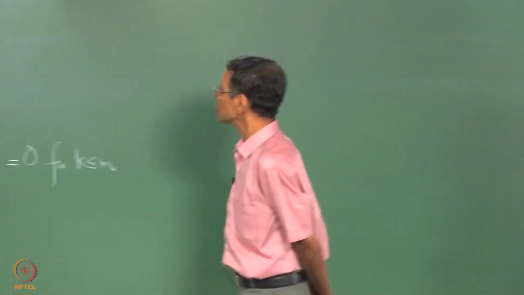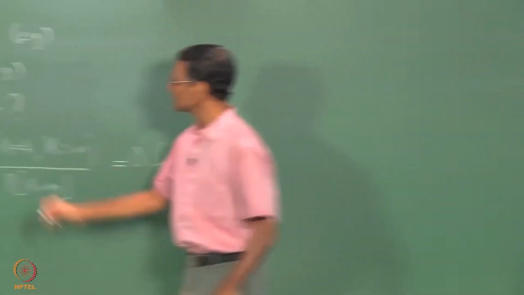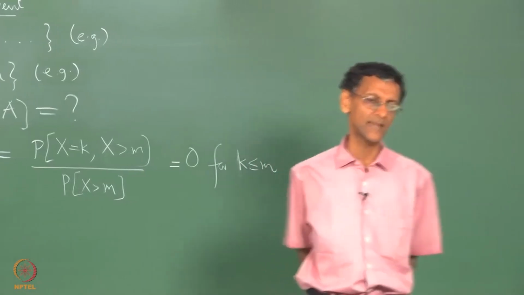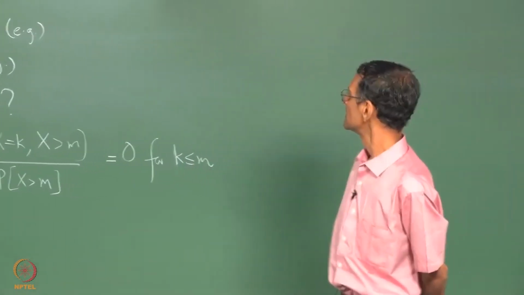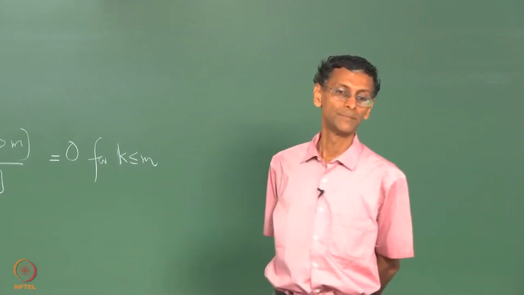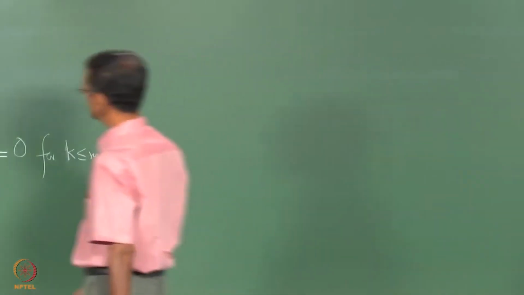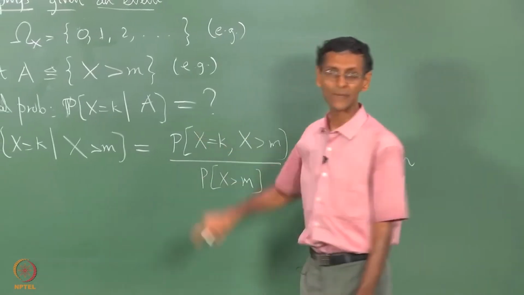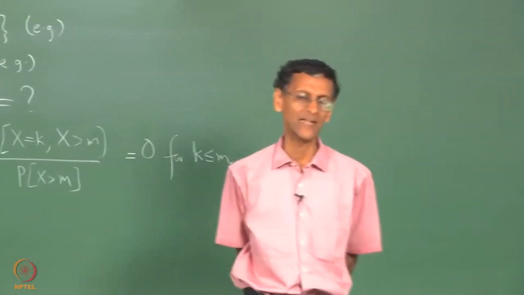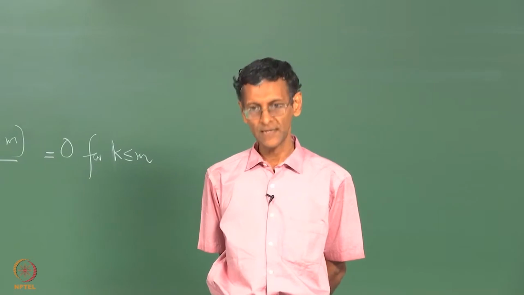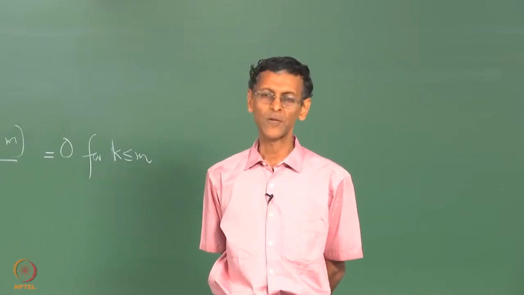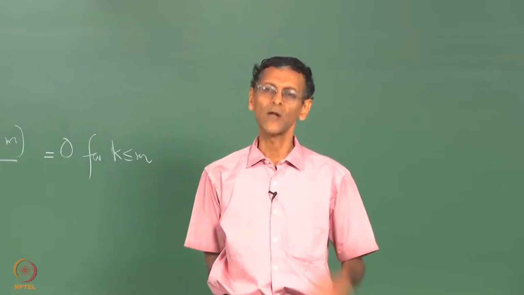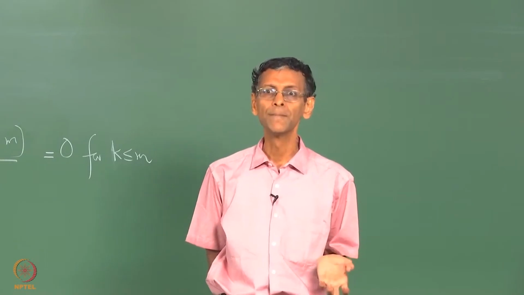Okay. So what about the case that k is greater than m? In that case it turns out that this is a subset of this. X equal to k is a subset of x greater than m. If you take k equal to m plus 1, m plus 2, whatever, you are only taking one value of k at a time.